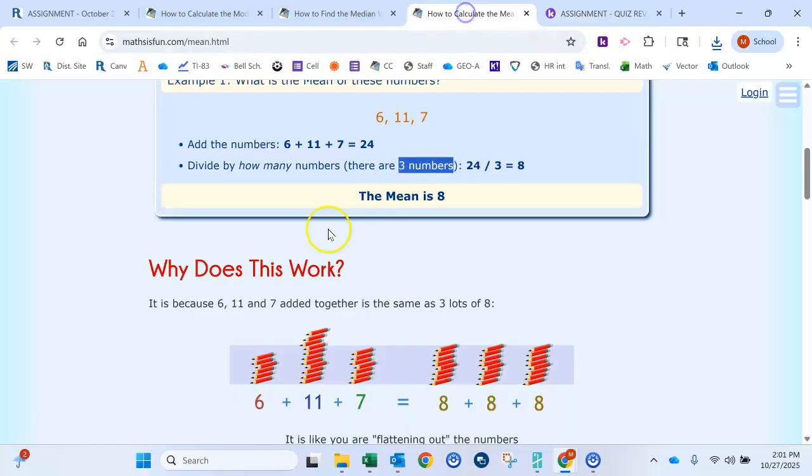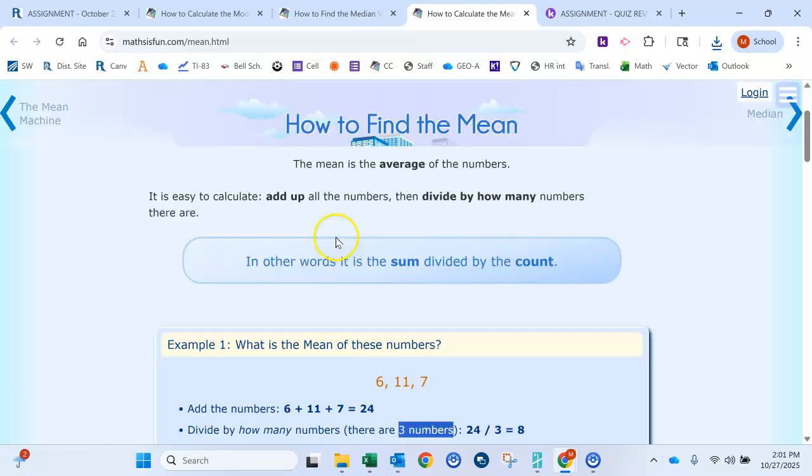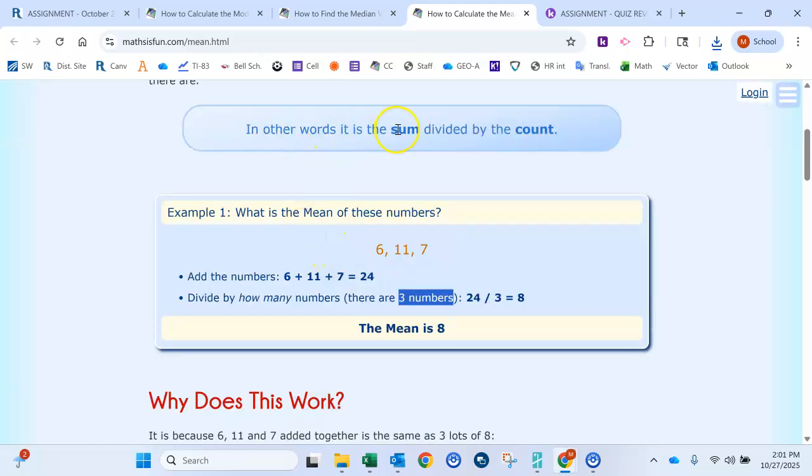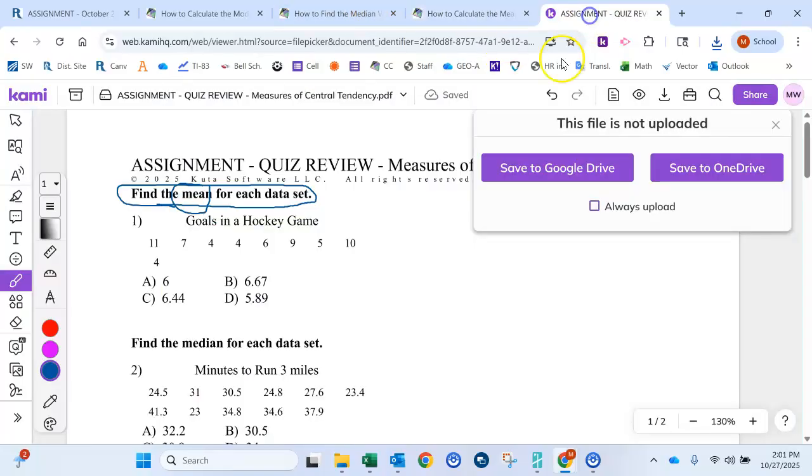Remember, the mean is basically you take the numbers, you sum them or add them all up, and you divide by the number of numbers. So let's see what we've got over here. How many numbers do we have? We have 1, 2, 3, 4, 5, 6, 7, 8, 9 numbers. So we're going to add them up.